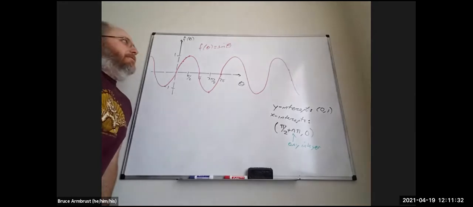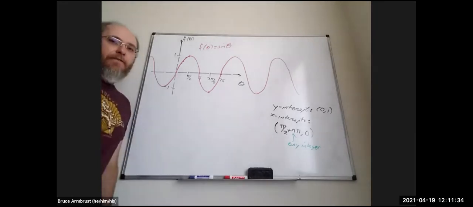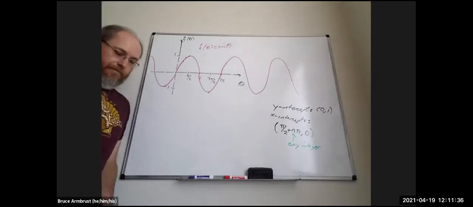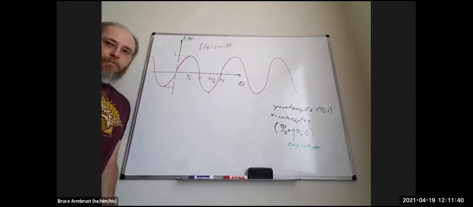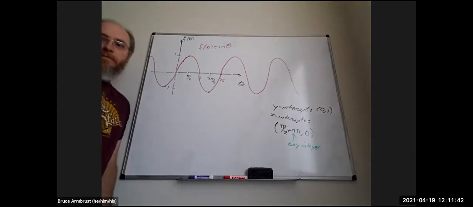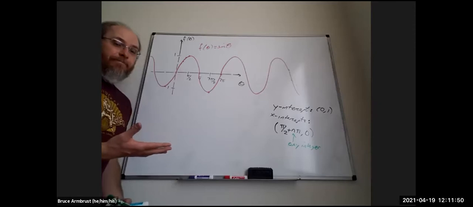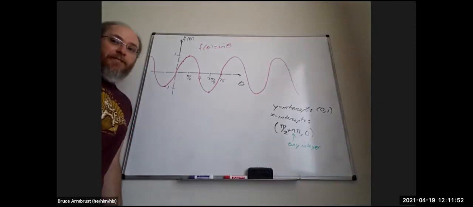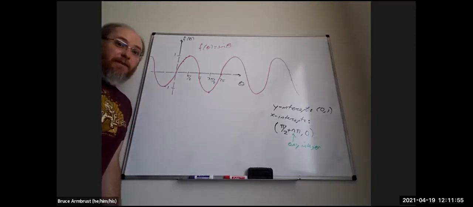What's really the only difference between this graph and the graph of cosine? How do they compare? Is it that wave again? Okay, so it's the same wave, exactly the same picture. It's just been shifted.